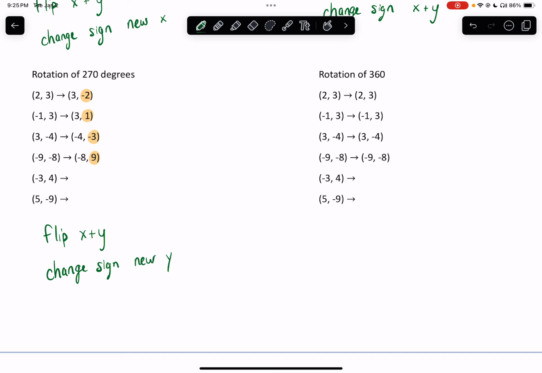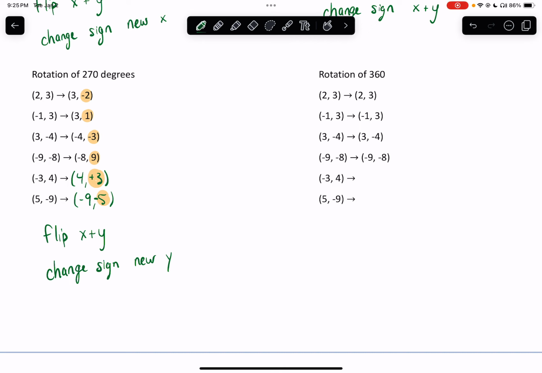So I'm always doing it in order. Flip the x and the y, change the sign of our new y after we flipped. So once I do this, I'll have 4, -3, I flipped my x and my y, and then I'm going to change the sign of my new y to become a +3. When I do this, it's going to become -9, +5. Then I'm going to change the sign of my new y, so that'll become a -5.